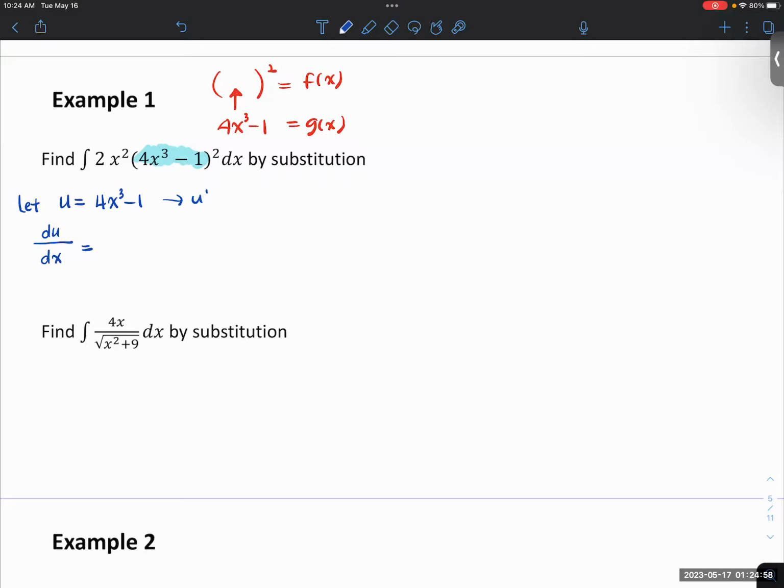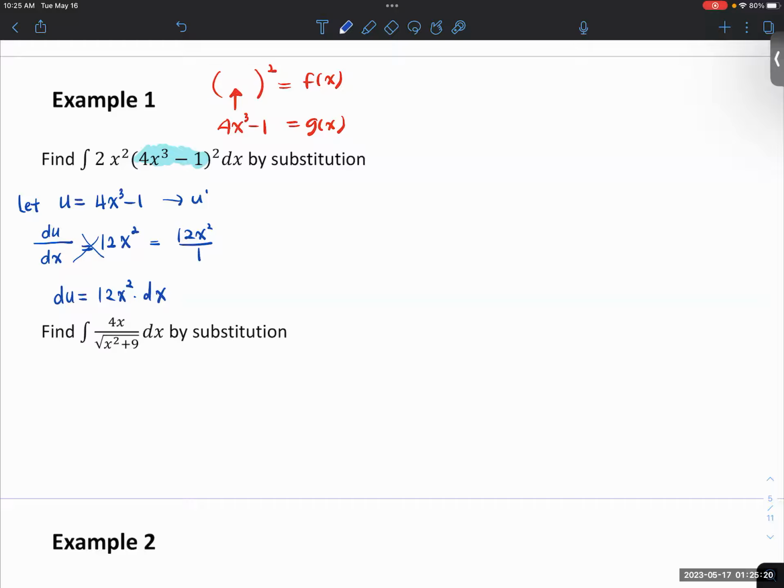So 4x to the third is going to be 12, because 4 times 3 is 12, x to the second. Minus 1 becomes 0. And then this is the same as 12x to the second over 1. So now you can do the cross multiplication. So du will be 12x to the second times dx.